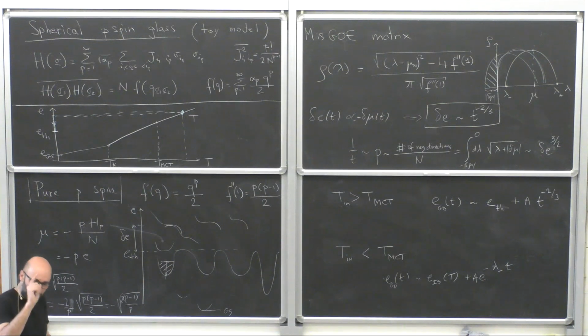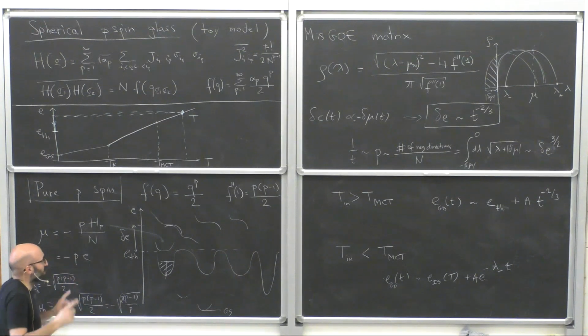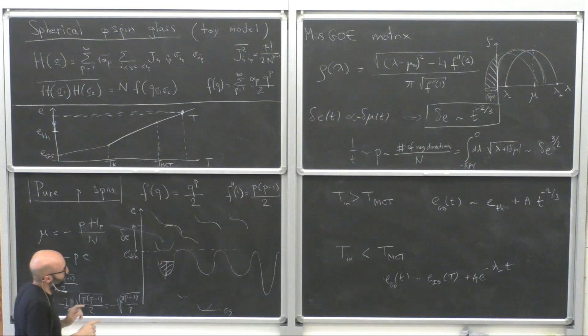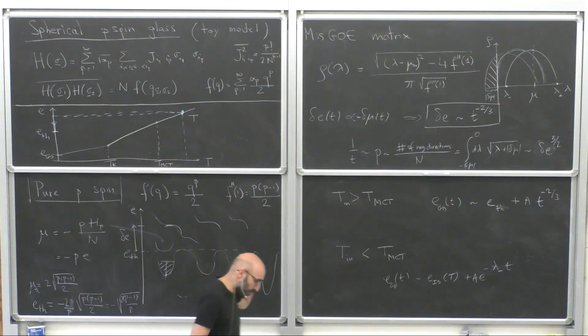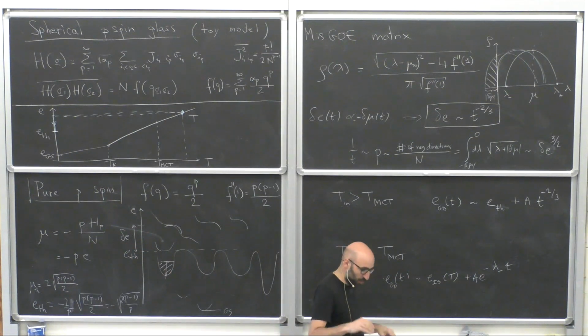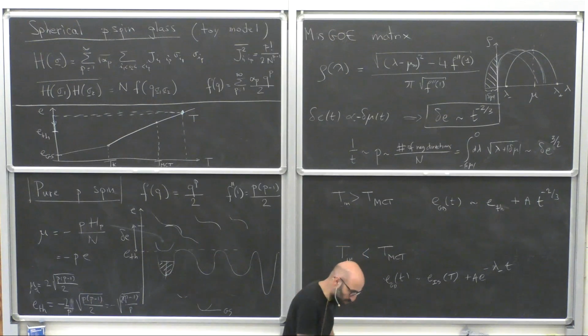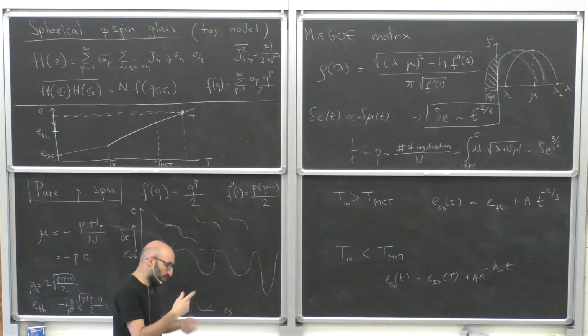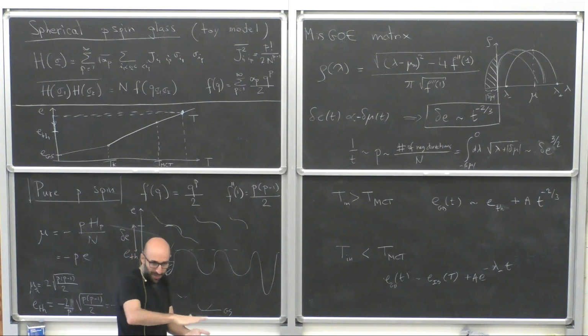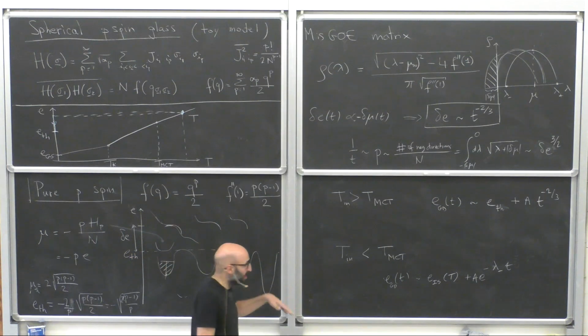Yes, so let me say the thing I wanted to say that I forgot, because it's connected to this. I told you this at zero temperature: you equilibrate at high temperature and you go to 0. But if you do the same and you quench to a finite temperature below MCT, you get the same.